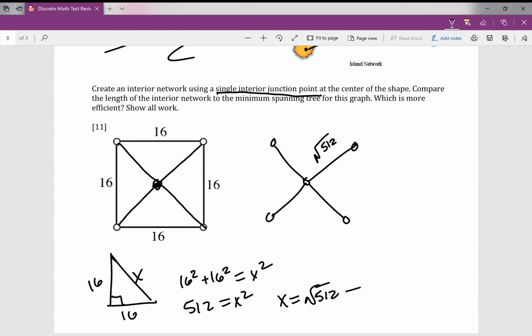And we would divide this by 2 to get each of these edges.